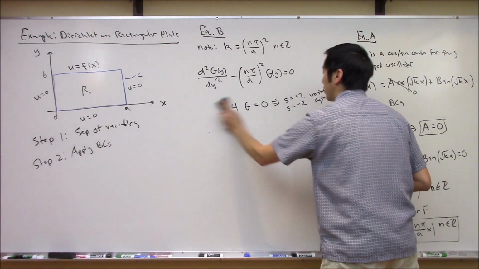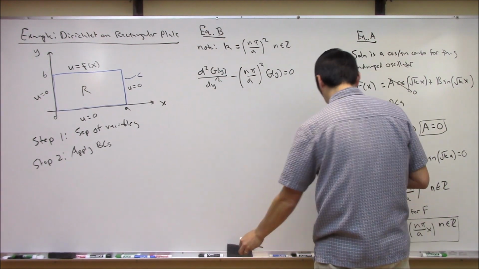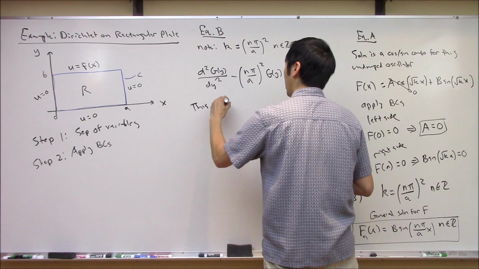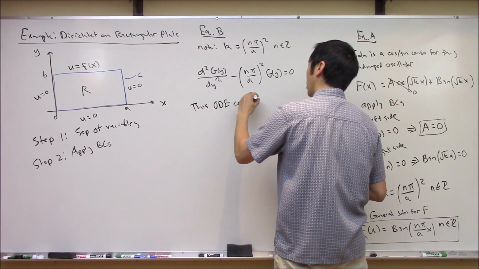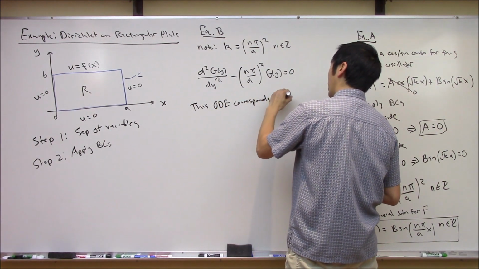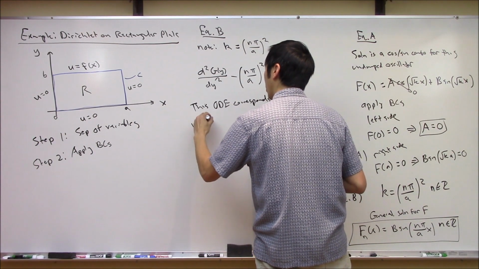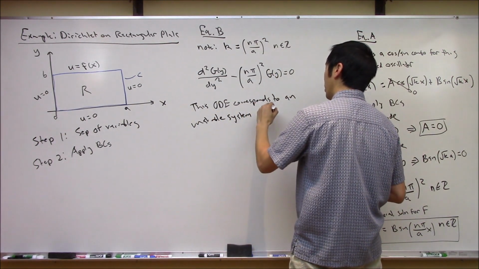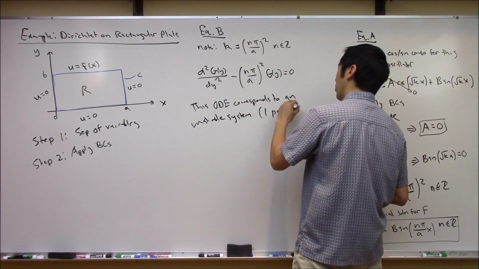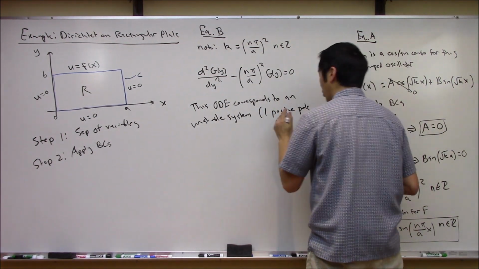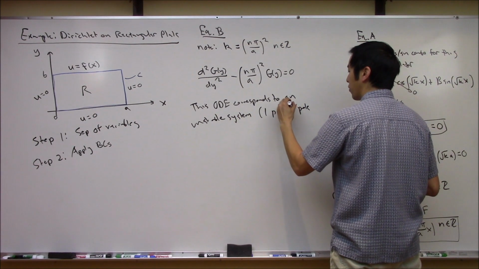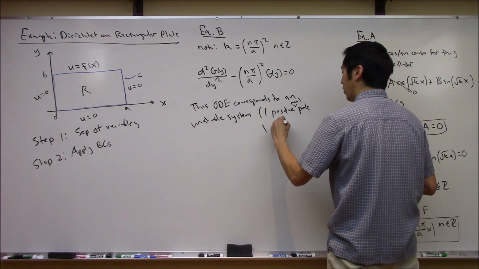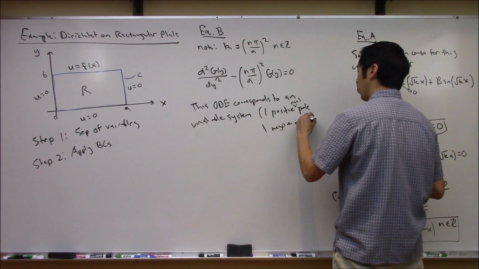This ODE corresponds to an unstable system. In other words, it has one positive real pole and one negative real pole.